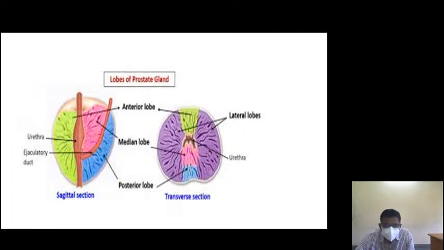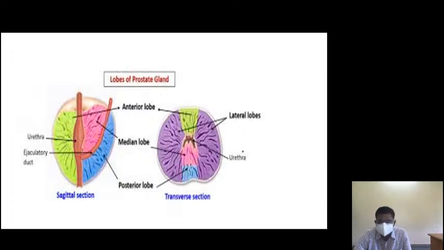As a result of the inflammation or increase in size of these lateral lobes and especially the median lobe, it will push or force the prostatic part of the urethra to close. Not closure completely, but as a result of this narrowing of the lumen of the prostatic part of the urethra, generally the patient will complain of pain and burning sensation while micturition.